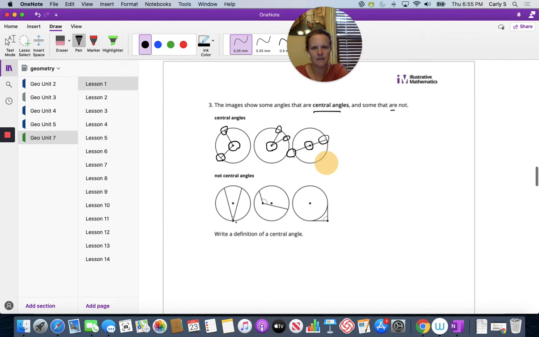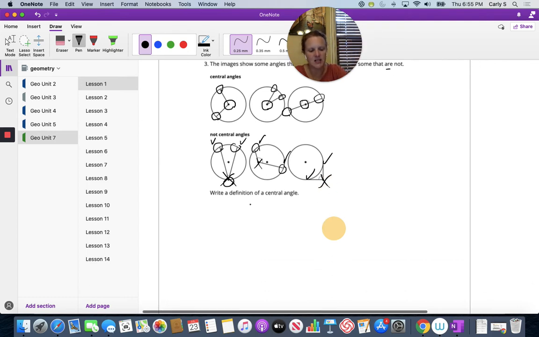Now here, this vertex is on the circle, not in the center. Cool, not cool. So it looks like the vertex of the angle has to be in the center, right?